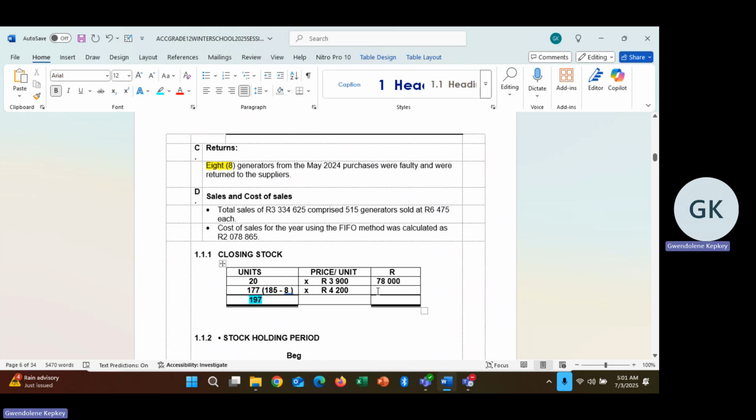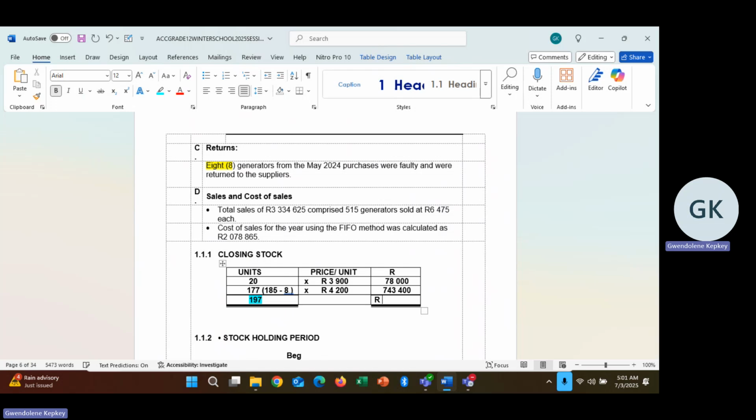And then for the month of May, you should come to a rand value. Let's take a minute. Some of you are quite fast. We come to a rand value of 743,400. So if I add these two, remember I want the rand value of my closing stock now. Obviously, you're going to do the calculation with me.